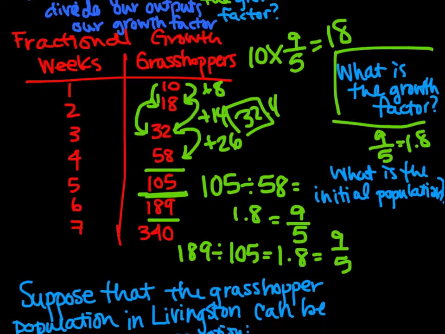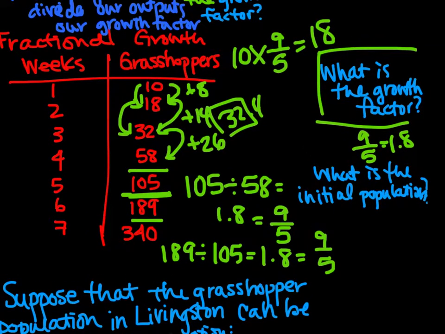As well, we also need to find the initial population. Our initial population is where our x value equals 0. So we need to go back in time to find out what it is for 0 weeks. So we need to divide 10 by 9/5. I guess we don't need to divide 10 by 9/5.